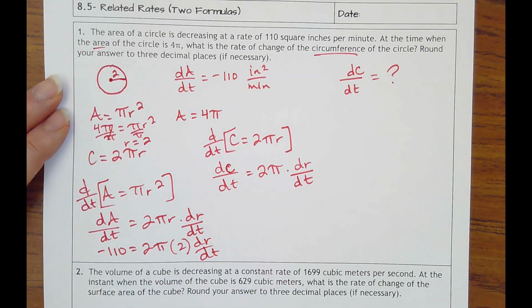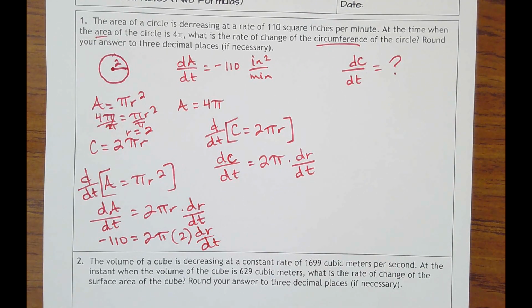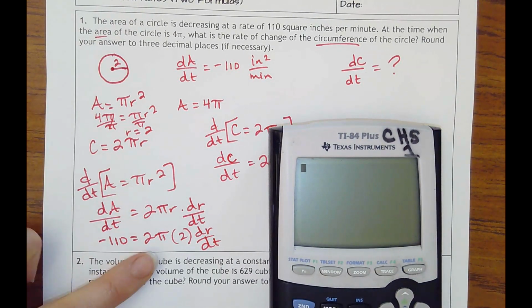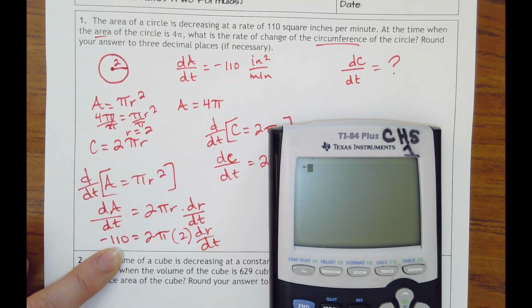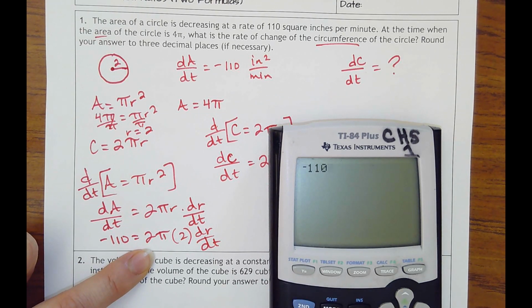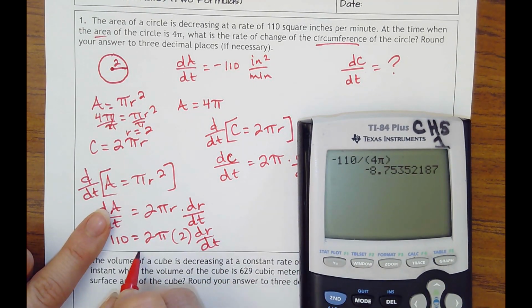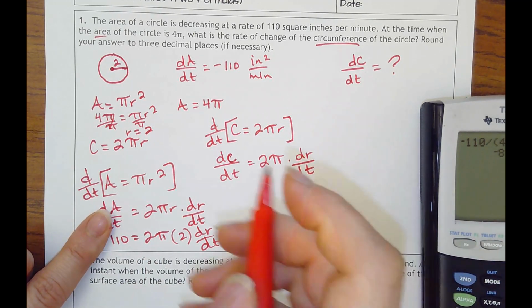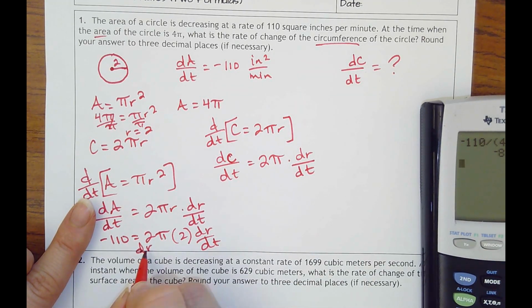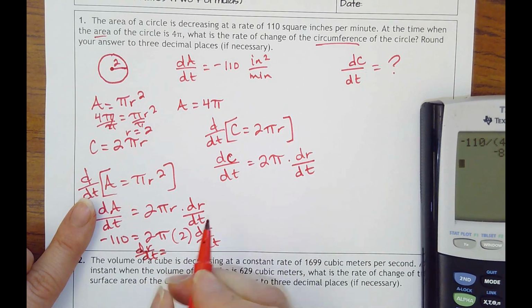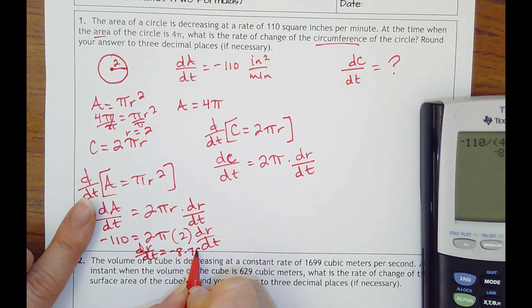So see, it's still not much harder, just talking yourself through what do I need, how do I find it. So that would be a 4 pi. So I'm going to take negative 110 divided by, in parentheses, 4 pi, and I get that dr/dt, just running out of room, equals about negative 8.75.